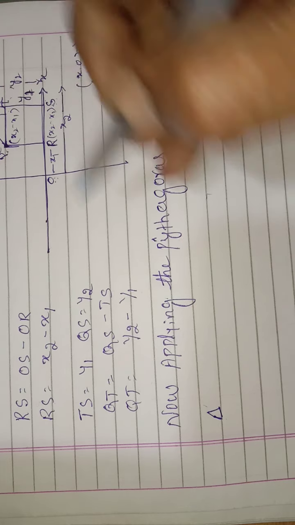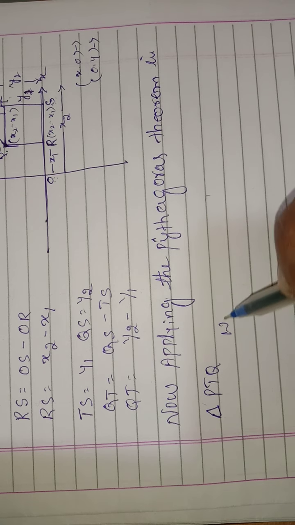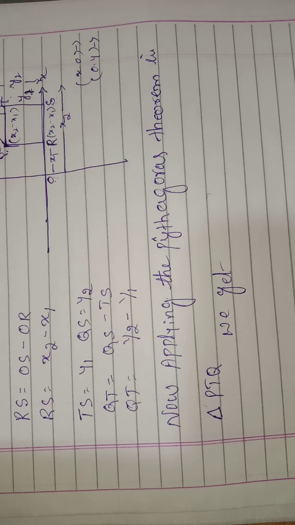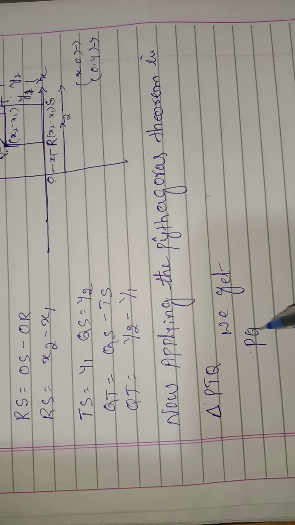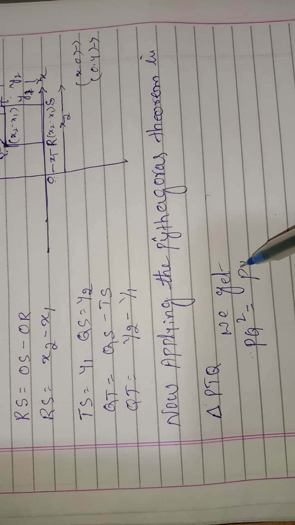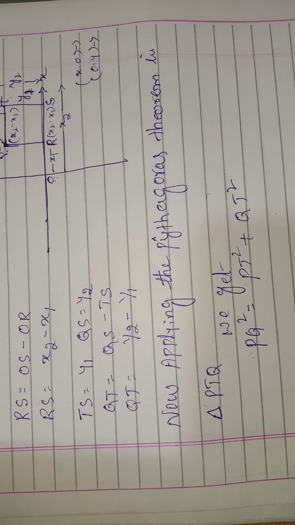The square of the hypotenuse PQ is equal to the sum of the squares of the two sides, PT squared plus QT squared. This is the Pythagoras theorem.